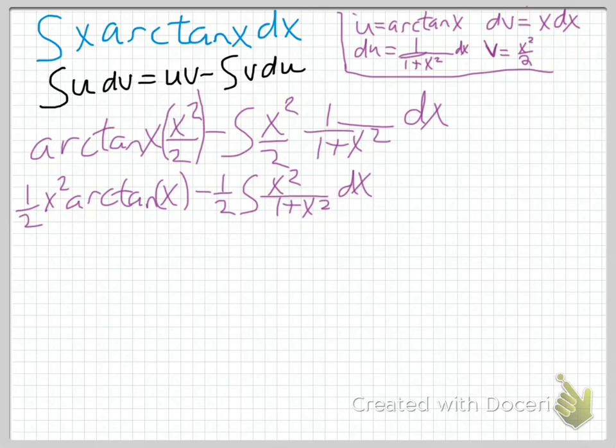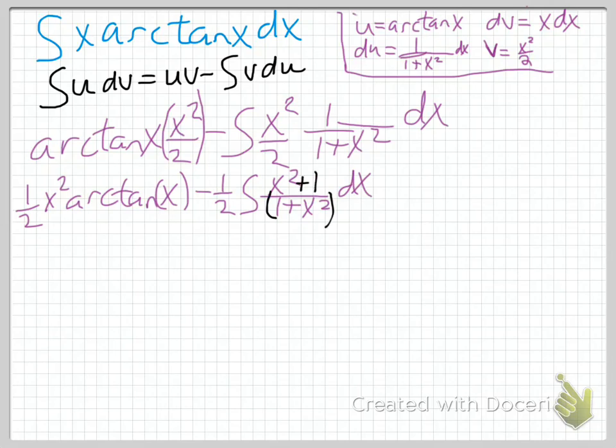Well, when we look at this integral in the second half of the formula, we notice that we can't do an integration by partial fractions because we can't do anything with that 1 plus x squared. But if we could somehow match up the numerators just by this little trick, the denominator has 1 plus x squared.